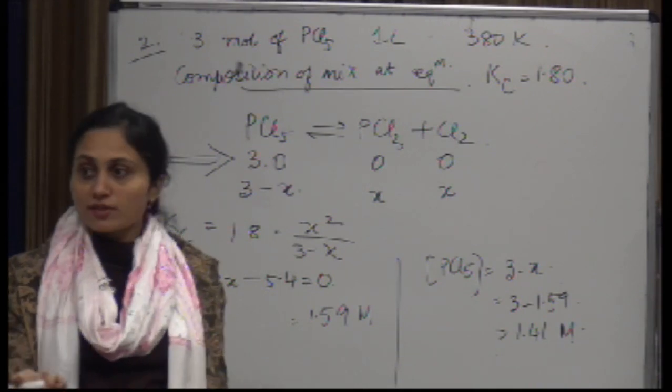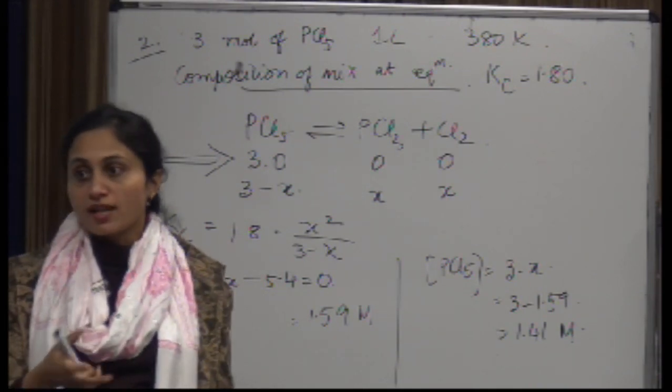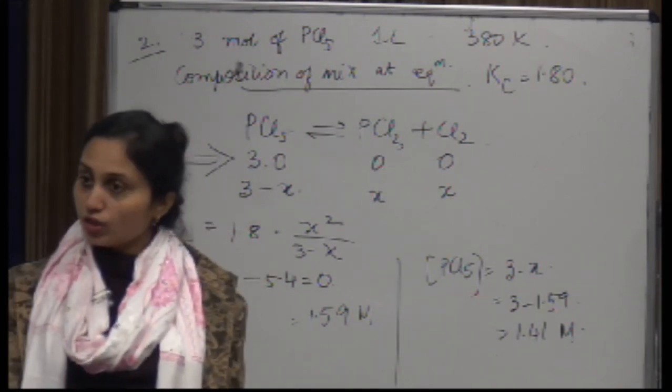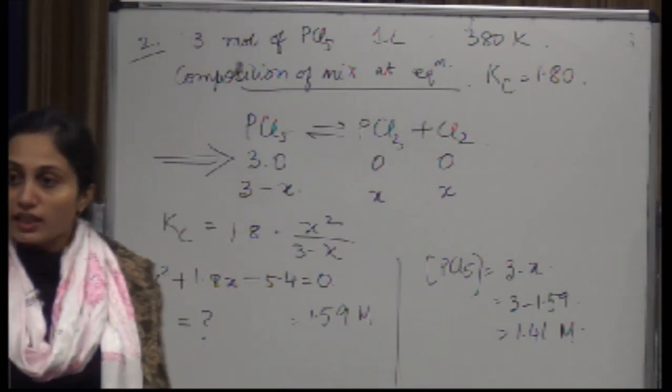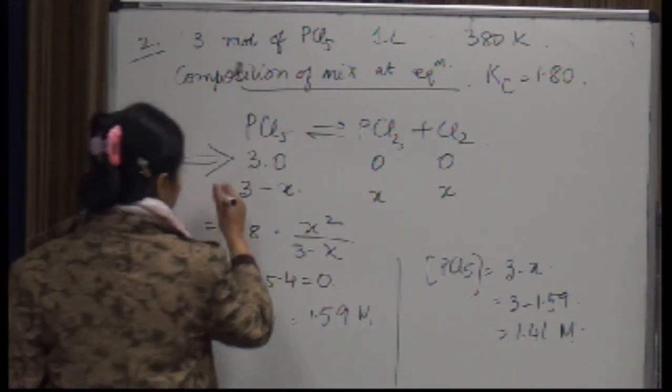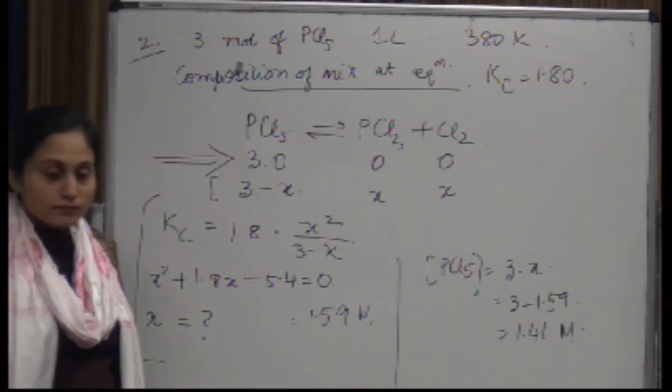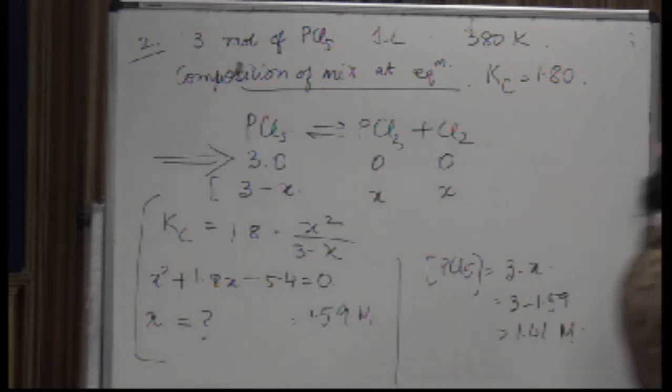In the previous question, if the pressure would have been given to us, we could have calculated the concentration also. So if initial things are known to you, then the rest of it should be very simple. Clear? Now write down another relationship which is very important.